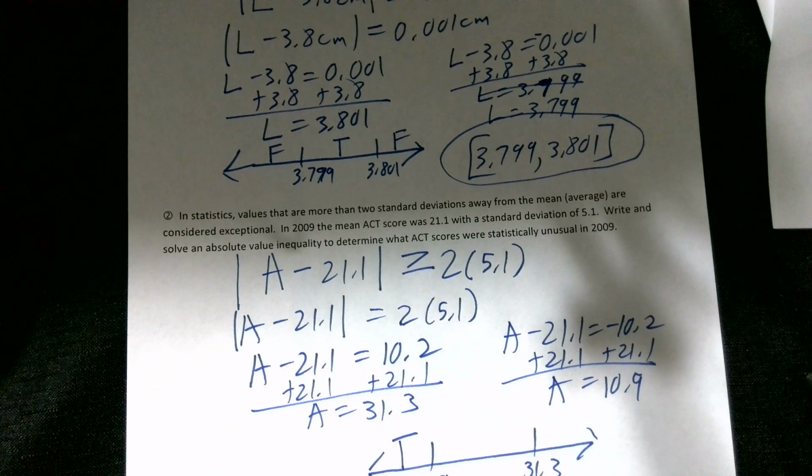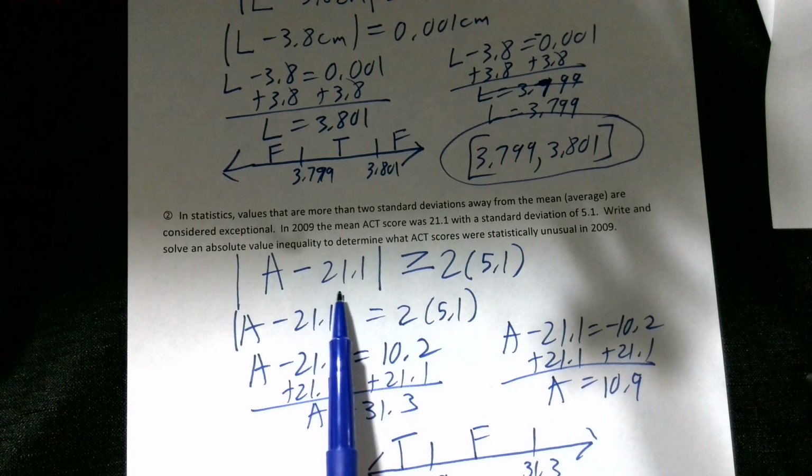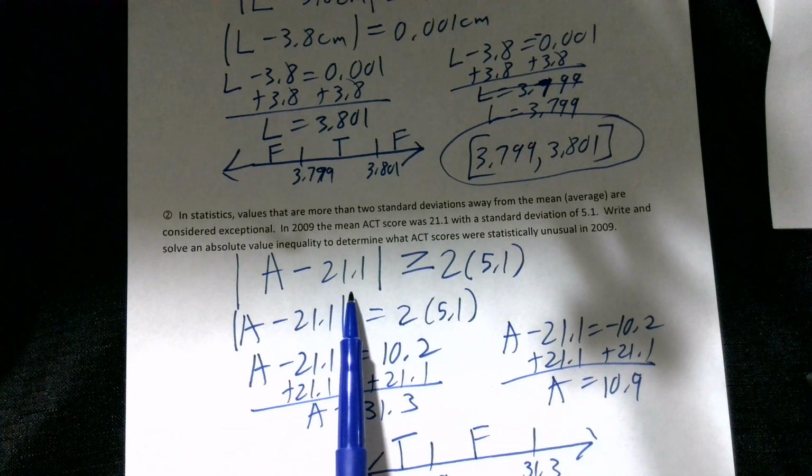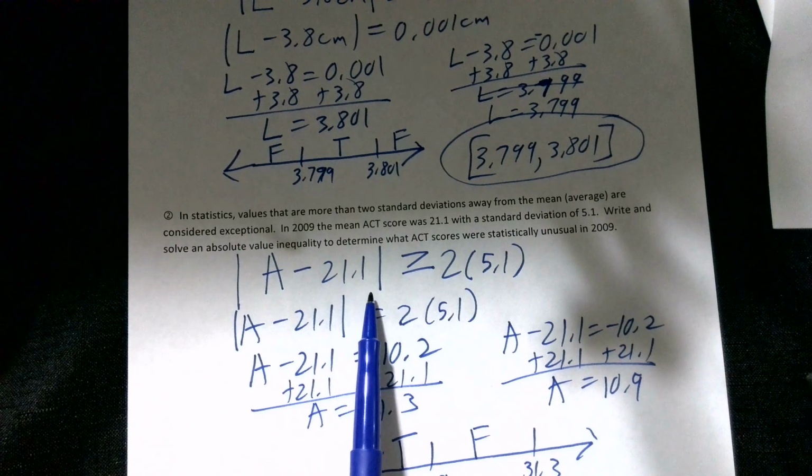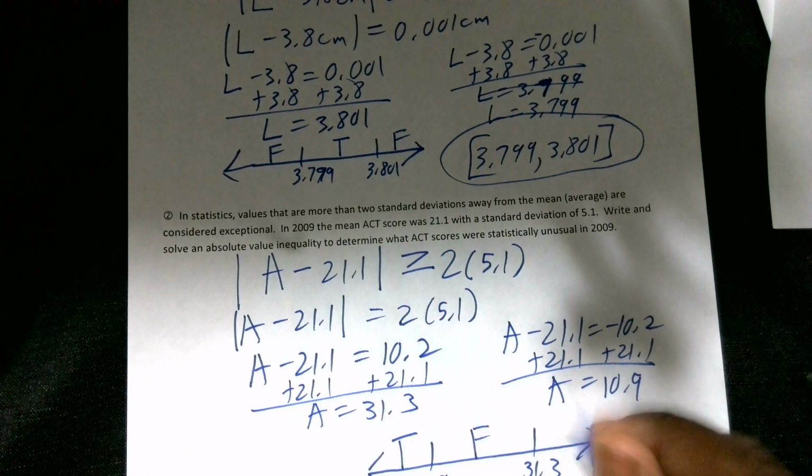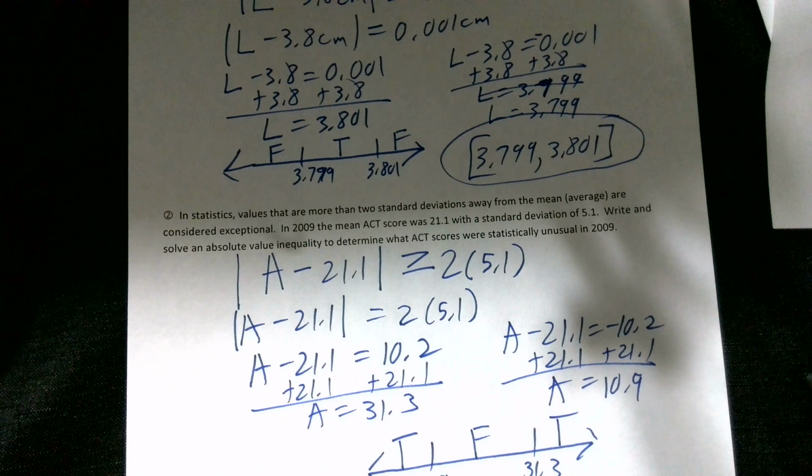And then in here, from 10.9 to 31.3, I would just use 21.1. 21.1 minus 21.1 is 0. And we know 0 is not greater than this value, so that'll be false. And then here, I will use what? 41.1. 41.1 minus 21.1 would be 20. And the absolute value of 20 is greater than 10.2, so that'll be true.